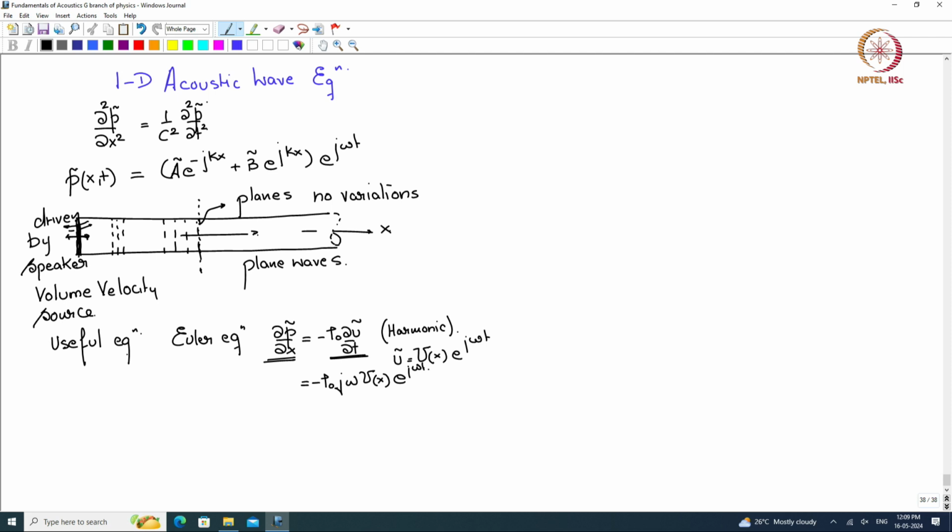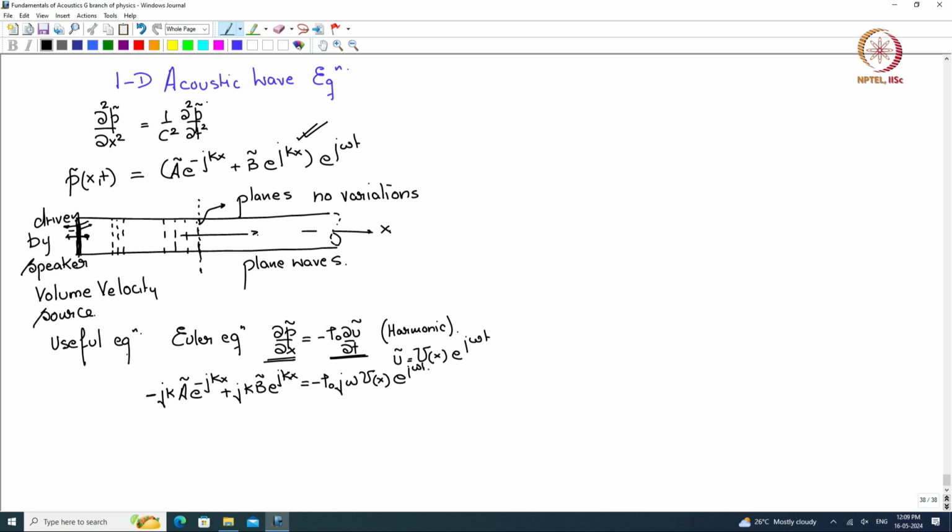And similarly p on the left hand side is given by this. So if I take del p del x, I get minus jk a tilde e to the power of minus jkx plus jk b tilde e to the power of jkx.